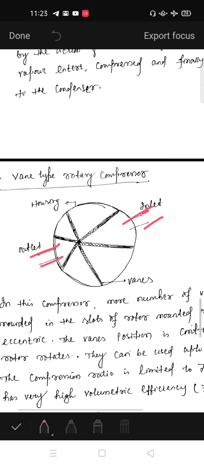And it is the housing, and these are the vanes. Look here in the diagram very carefully. The vane is not centrally connected, it is offset from the center, and there is a spring attachment to the center to the vanes.